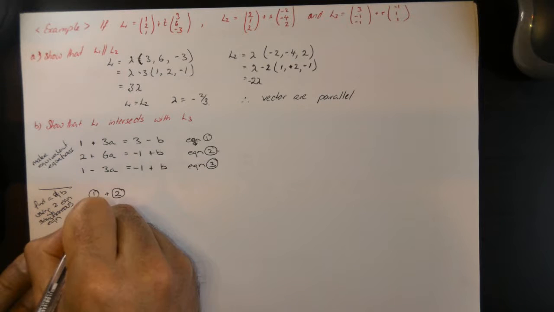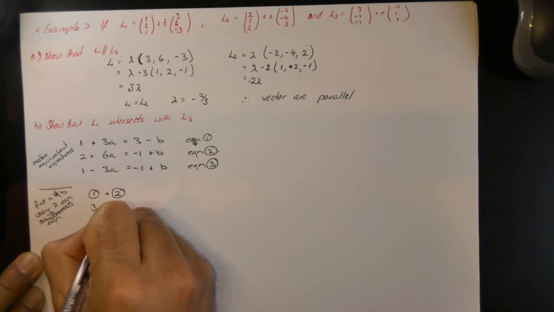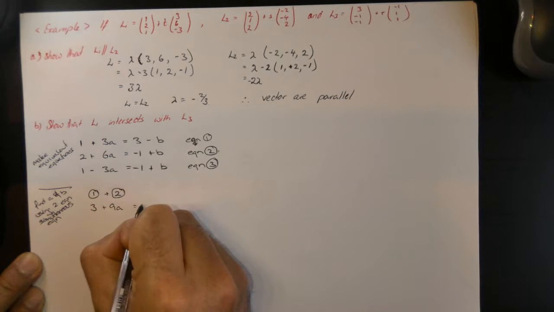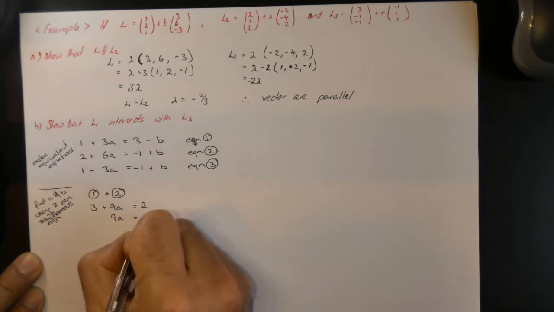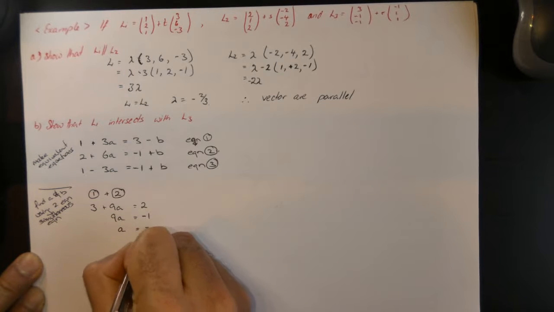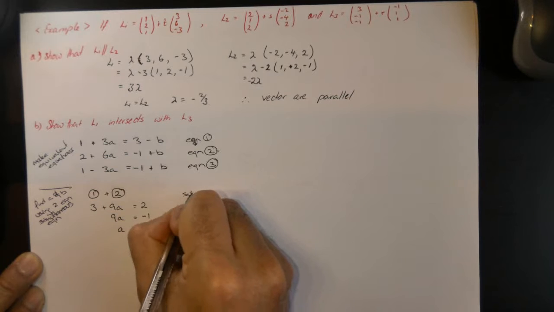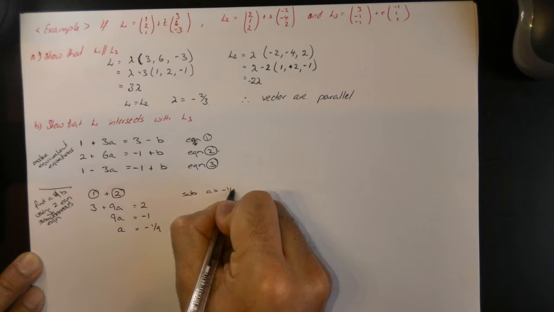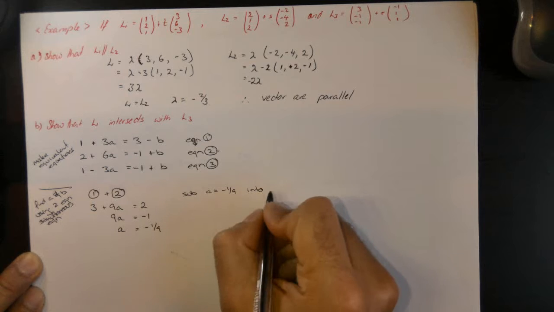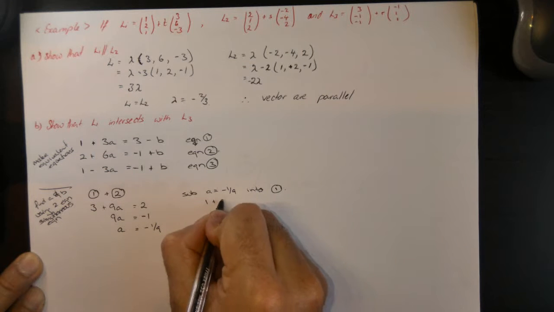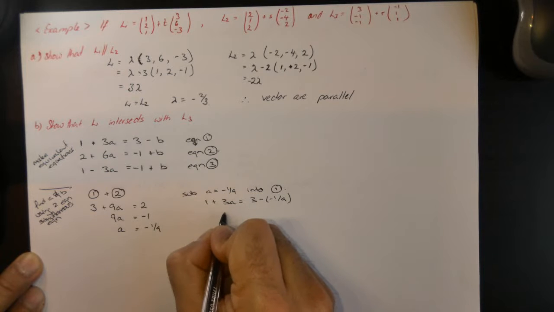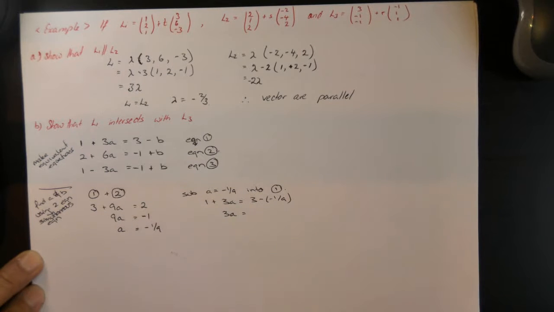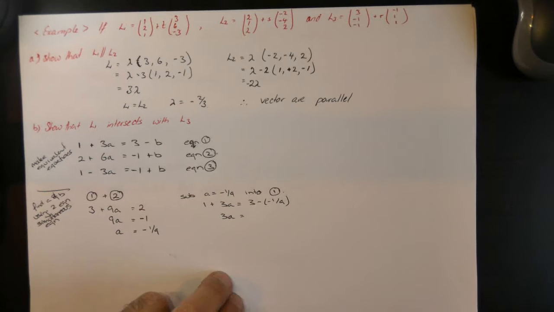So 1 plus 2 is 3, that gives me 9a. Plus gives me 2, plus gives me no b. So 9a equals negative 1. Okay. Sub a equals negative 1/9 into equation 1.